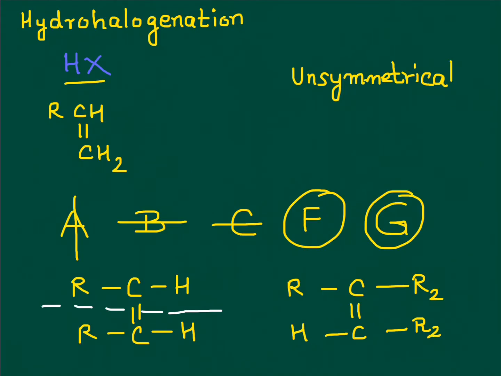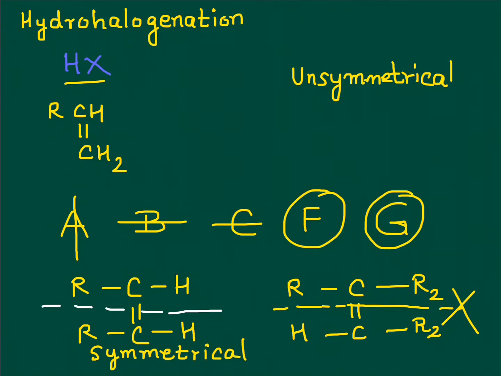So it could be the same as well. Even now the two parts are not mirror images of each other. There is no line of symmetry over here. Hence this type of an alkene, the first one, is called as a symmetrical alkene. The second that I have drawn would be an unsymmetrical alkene.